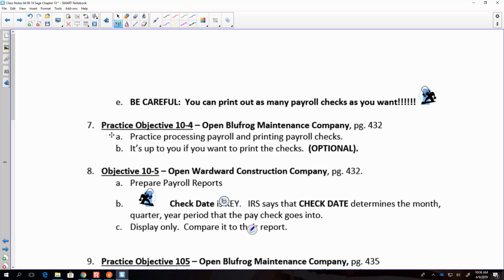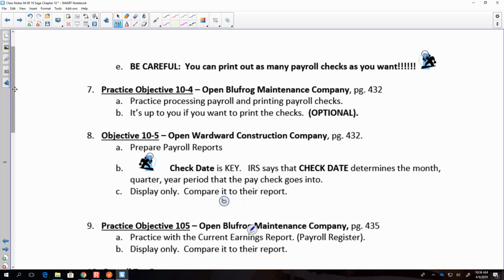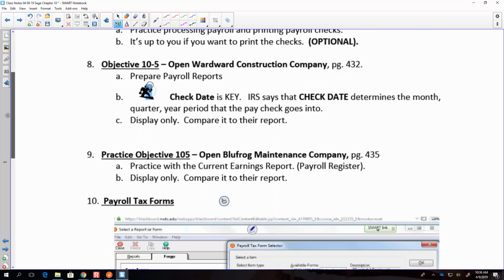So I mentioned here on page 3, be careful. You can print out as many payroll checks as you want. And then I make the note on page 3, again, the check date is the date for posting purposes for payroll.